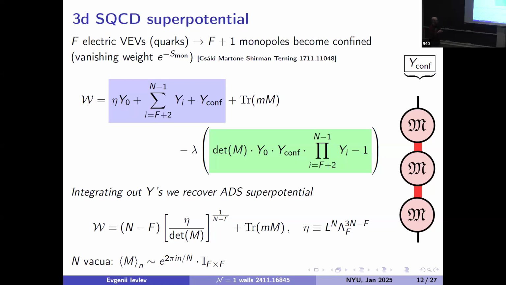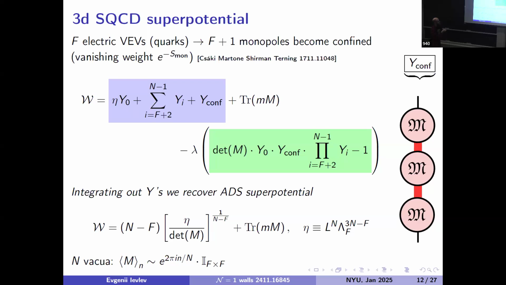So this affects the superpotential. I will skip the technical details, but essentially when you introduce F flavors of quarks, you introduce F extra complex degrees of freedom, but then F degrees of freedom also disappear from the theory because you have confinement of some monopole moduli which were degrees of freedom before, but now they're confined and do not show up at low energies.